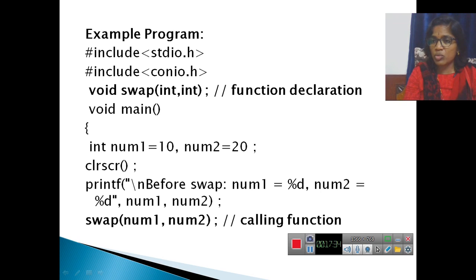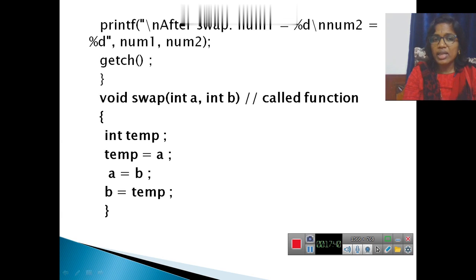This statement will be executed. After that, it will call this function. Whenever this function is called, immediately the control of execution moves to this place. When it moves to this place, number 1 is copied into A, number 2 is copied into B.